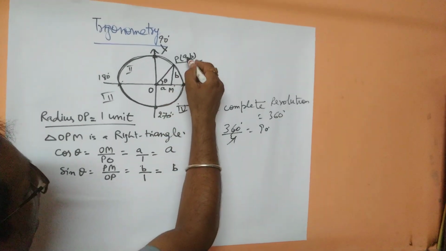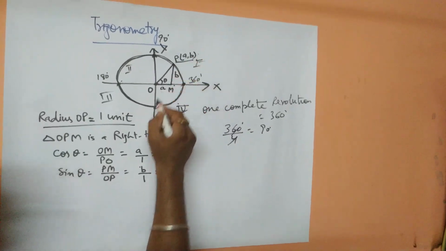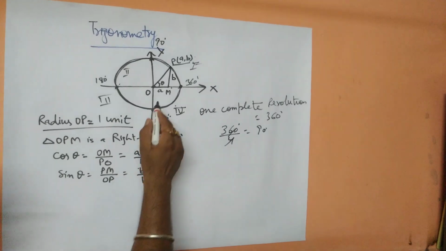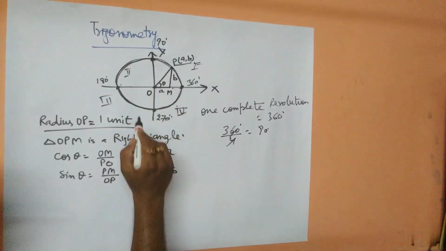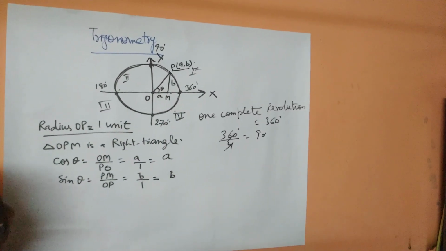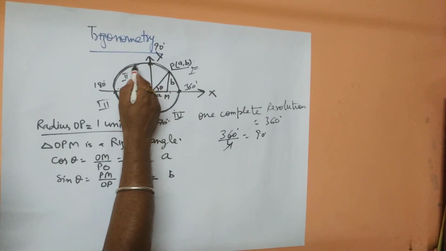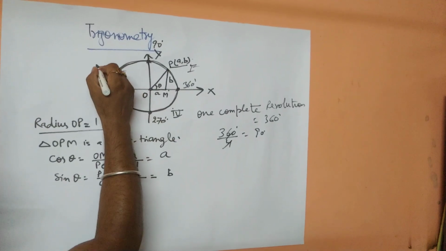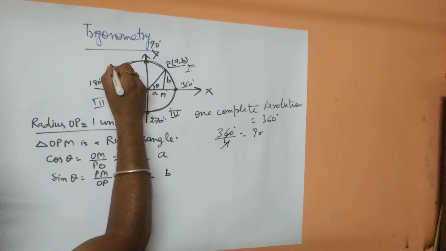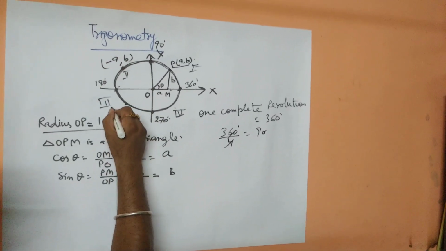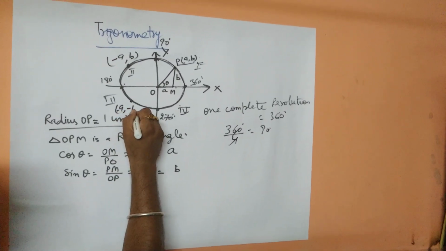So for any point (a, b) in the first quadrant, both a and b are positive. Therefore from 0 to 90 degrees, all the trigonometric ratios are positive because a and b are positive in the first quadrant. But in the second quadrant, x is negative, so any point may be (-a, b). In the third quadrant, it's (-a, -b).